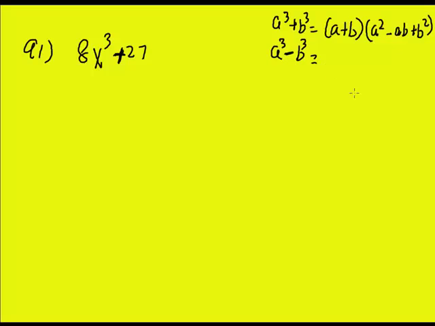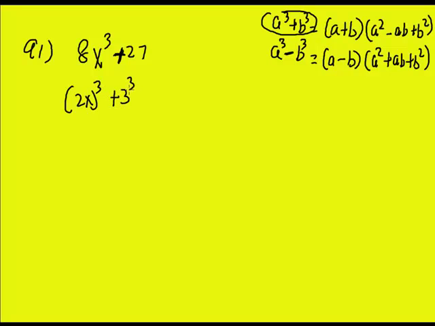Alright. The other one, the difference of two cubes, is a minus b times a squared plus ab plus b squared. This one looks like the first one, sum of two cubes, so this is really 2x to the 3rd plus 3 to the 3rd.